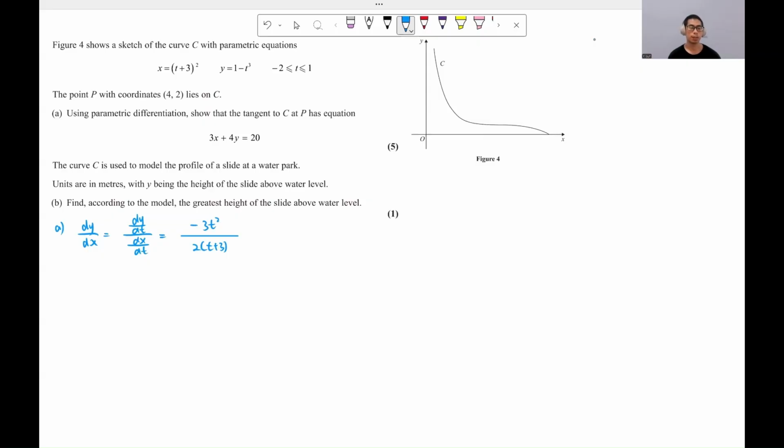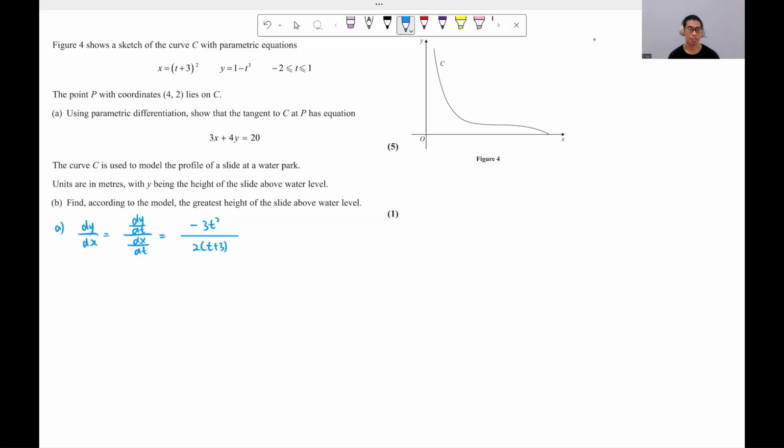Now we have our dy/dx, but we don't know the value of t. So we need to work out the value of t first, then substitute in. We can either let (t plus 3) squared equal 4, or let 1 minus t cubed equal 2. It doesn't really matter, but I think the second one is easier.